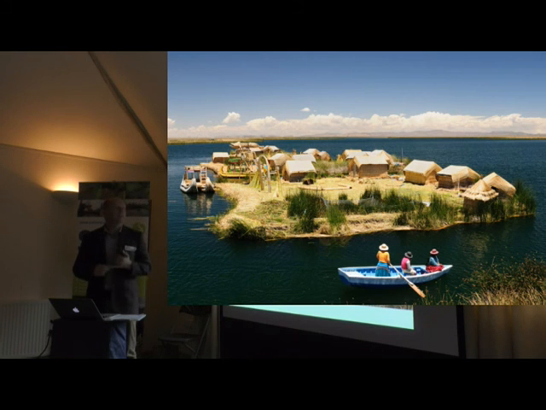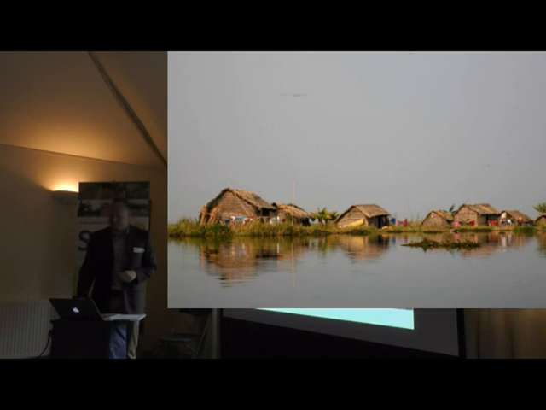They anchor them down, but all of these islands you see, they don't have contact with the sediment on the bottom. They're floating. And this is in India. You've got 4,000 people living in Loktak Lake in India on artificial floating islands.